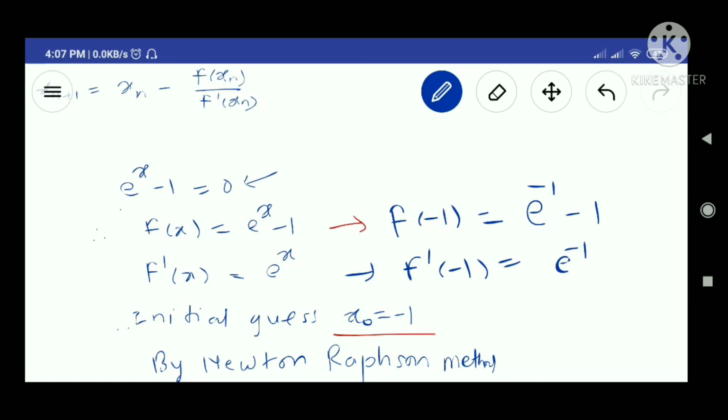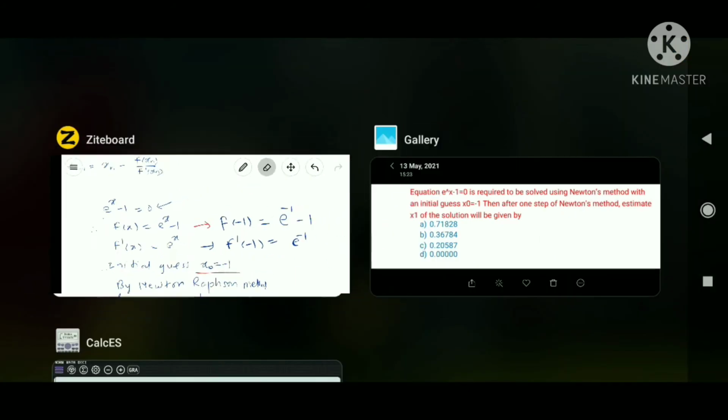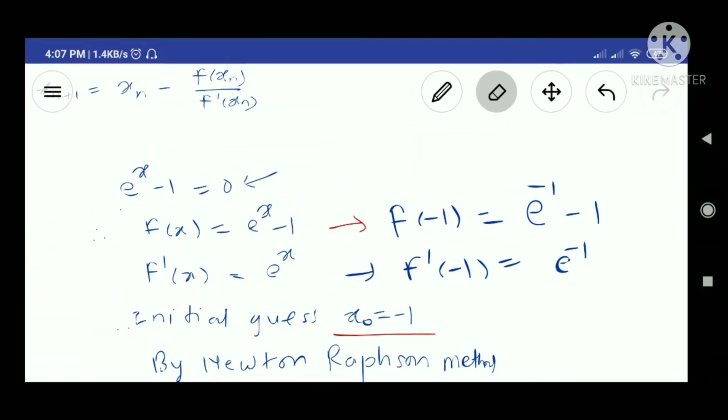Now if you have a calculator, then you can use calc and find out the value of e raised to minus 1 here, and also e raised to minus 1 by using calculator, and then put in the following formula. So I am directly using those values, f of minus 1 and f dash of minus 1.